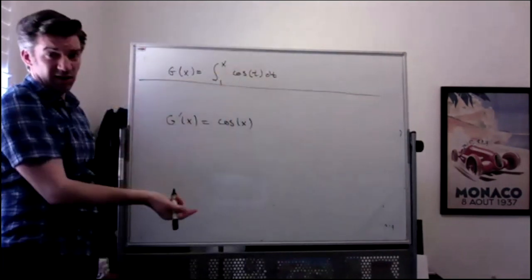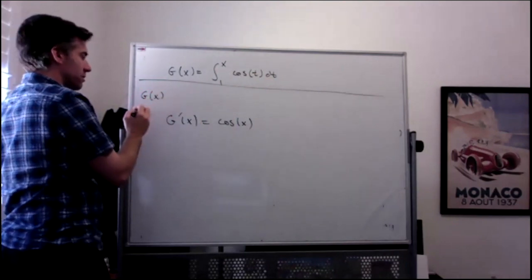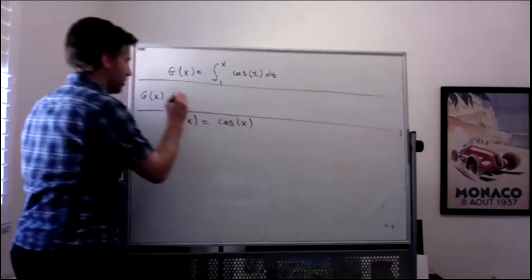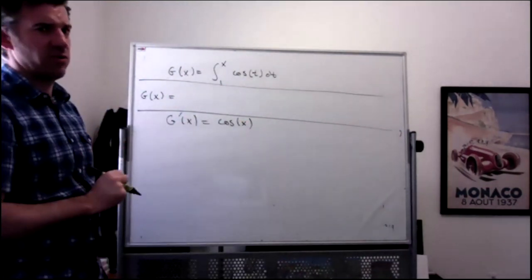I'm actually going to integrate this. So I'm going to find g of x as a function of x by doing the antiderivative of cosine of t. So what's the antiderivative of cosine of t?